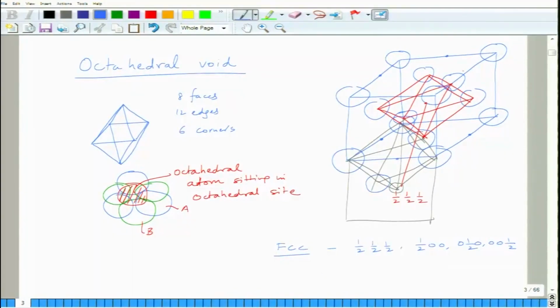And since each edge is shared by 4 unit cells, and since there are 12 edges, these will contribute 1 by 4 into 12, 3. 1, 2, 3, 4, 5, 6, 7, 8, 9, 10, 11, 12. But since each is shared by 4 unit cells, 12 divided by 4 is equal to 3. So you have a total of 4 octahedral voids within a FCC unit cell.